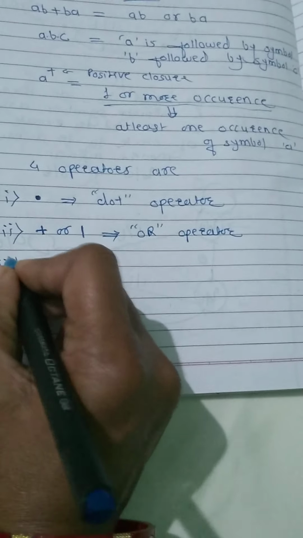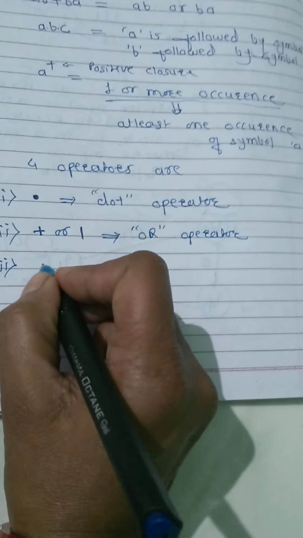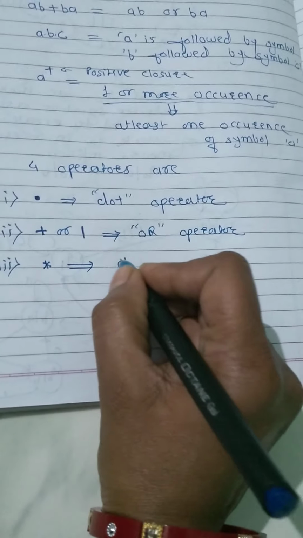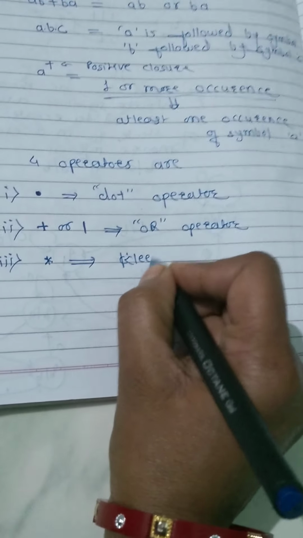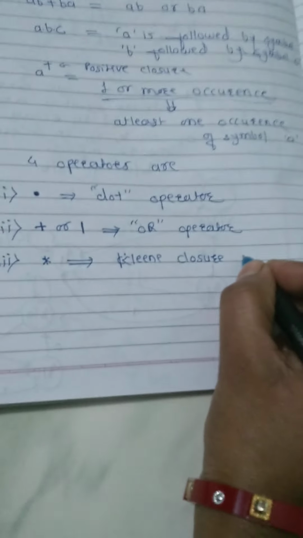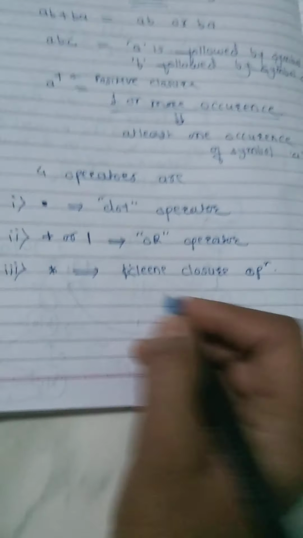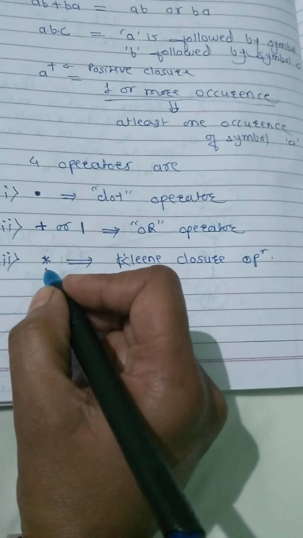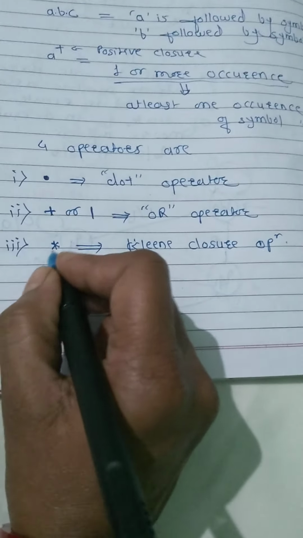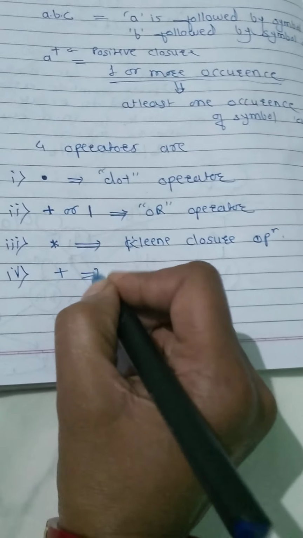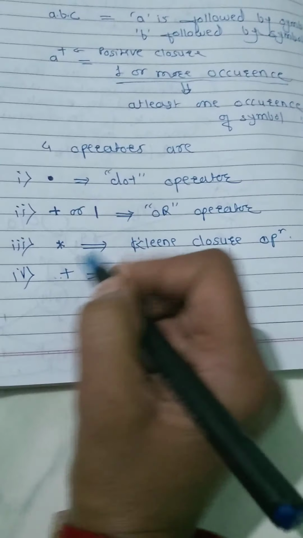Third operator is star. That is nothing but the Kleene closure operator. It is always imposed at a power place of any regular expression. Similarly, we have the plus. This plus and this plus is different.